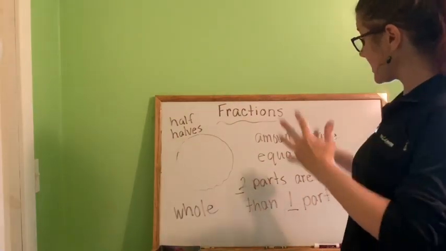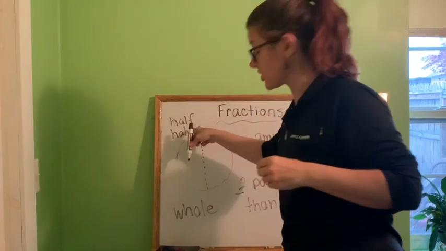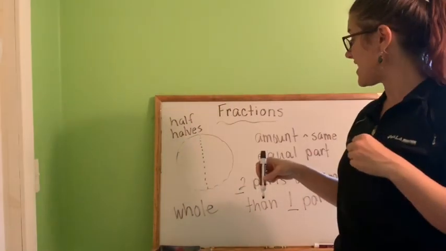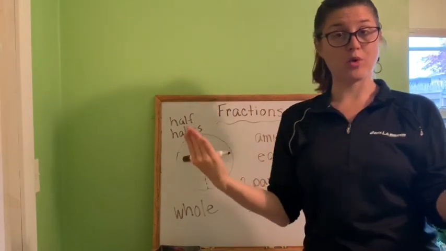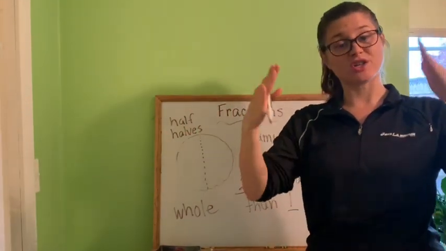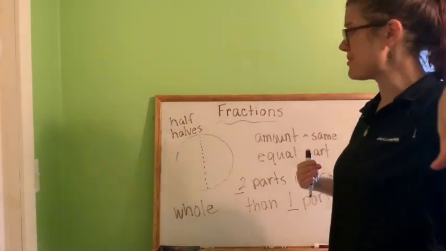But when we start to split it, and we split it into 2 equal parts, which are called halves, then you would get a smaller part. So even though there are more pieces, each piece starts to get smaller. Now, I'm going to bum you out a little bit more.